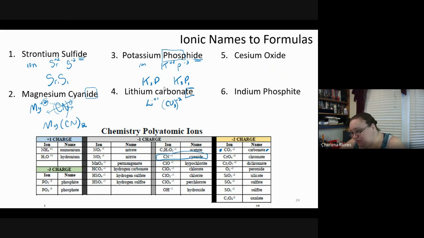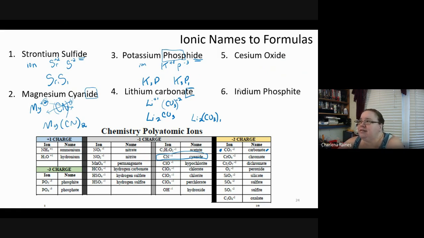They don't cancel. So we swap and drop, and my formula ends up being Li2CO3. And since there's only one of the carbonates, you don't have to put parentheses, but again, you could if you wanted to. If it helps it make more sense for your brain, just go right ahead.